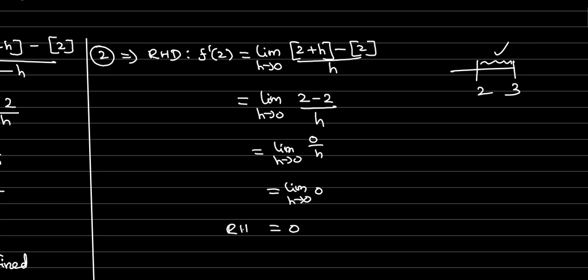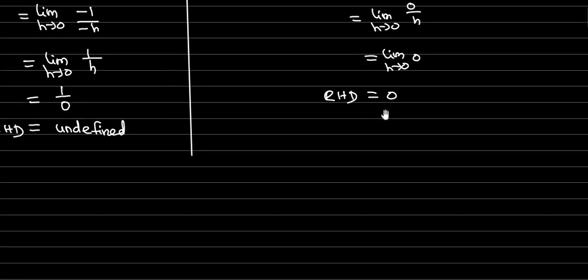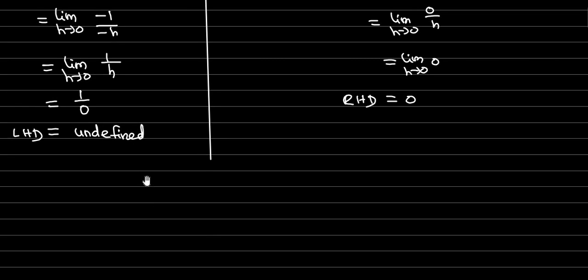So the right hand derivative is 0. What we understand from this is that the left hand derivative is undefined and the right hand derivative is 0, which are not equal. The left hand derivative is not equal to the right hand derivative. From this, what can we say? f of x, that is the greater integer function, is not differentiable.